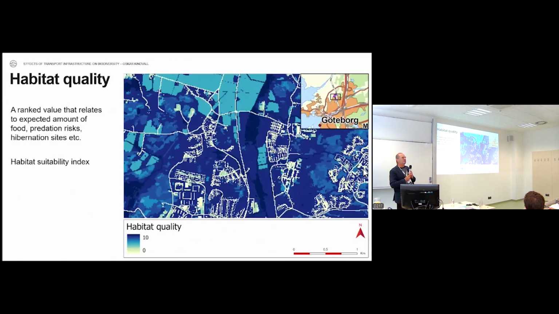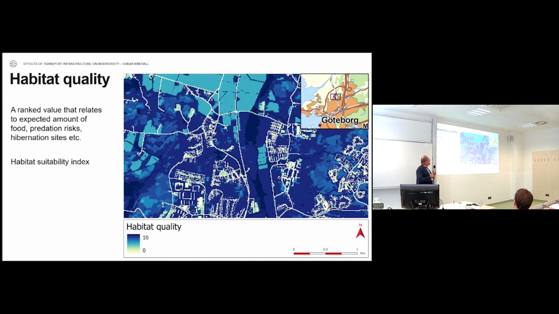Let's go through the different maps here in an example north of Gothenburg. Here we have the quality map, and the darker the bluish, the higher the quality. And we have some reproduction places here also for amphibians, which is the case here. This is very much a map like you can get from the habitat suitability methods that are used by ecologists very many times.